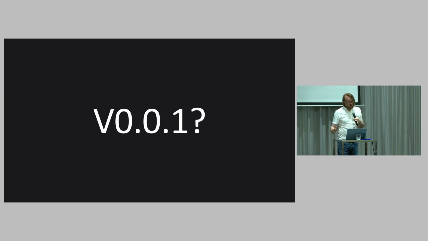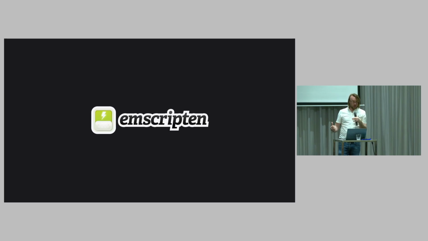So we set out to try and make this real. What did we need to do to take this and make an initial release that people could actually use and build something on? So we used the Emscripten compiler toolkit, which actually is a project that predates Wasm. It was originally developed to compile C to JavaScript, but it's now the de facto standard Wasm compiler for the web.